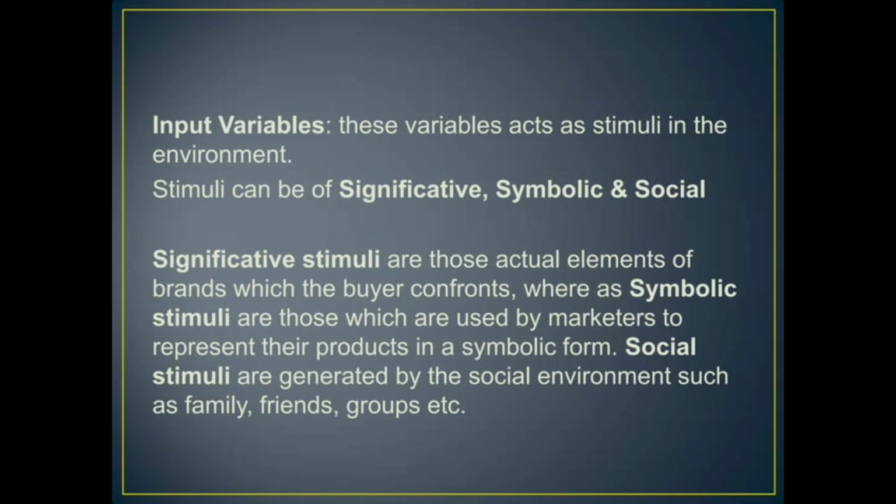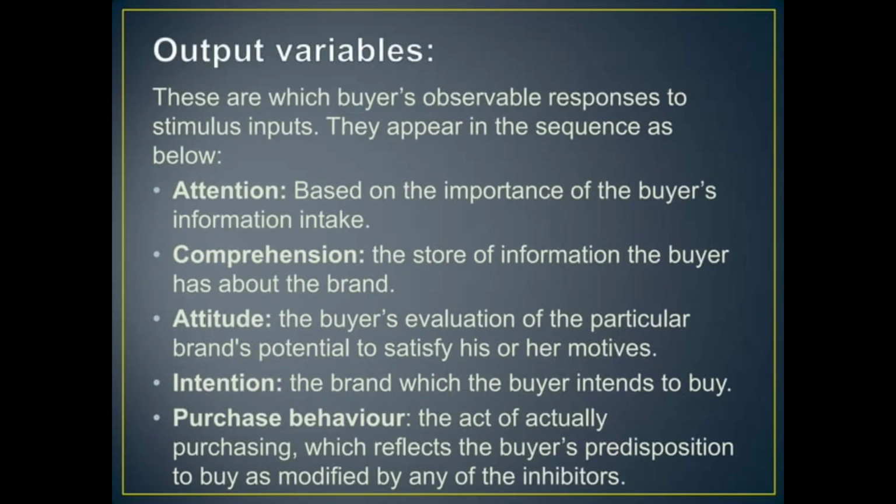The significative stimuli are those actual elements of brands which the buyer confronts, whereas symbolic stimuli are those used by marketers to represent their products in a symbolic form. The social stimuli are generated by the social environment such as family, friends, groups, etc. Output variables are the buyer's observable responses.